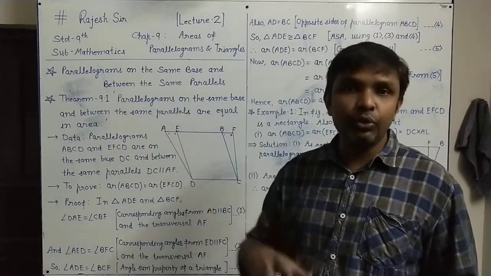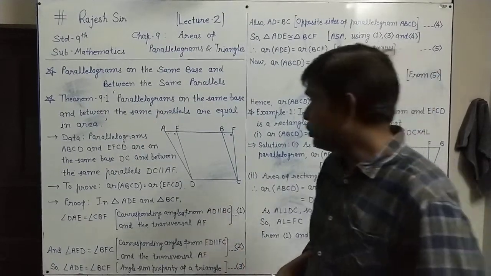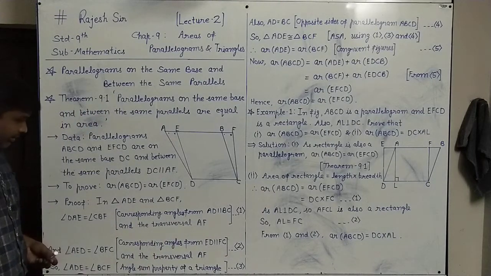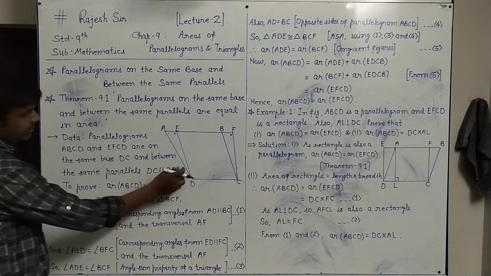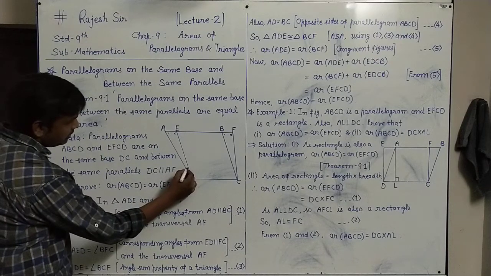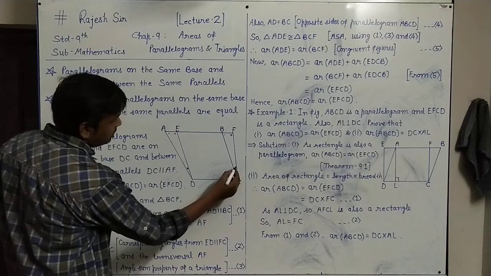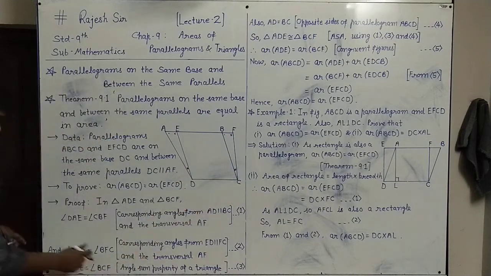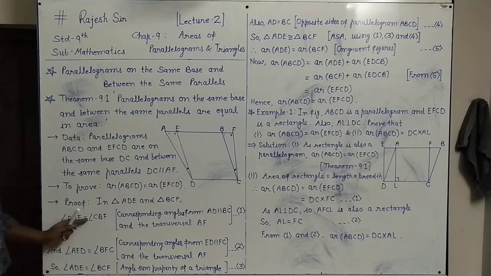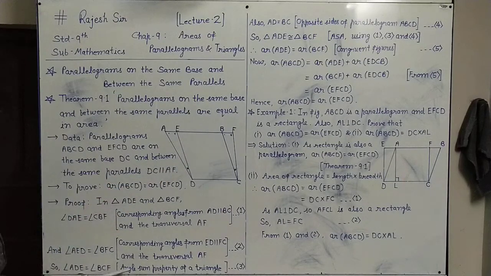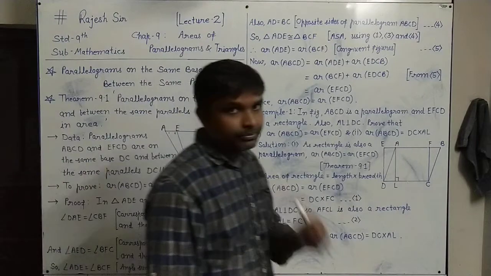So the remaining angle, angle ABE, is equal to the third angle of the other triangle, that is BCF. Say this result as result number 3.